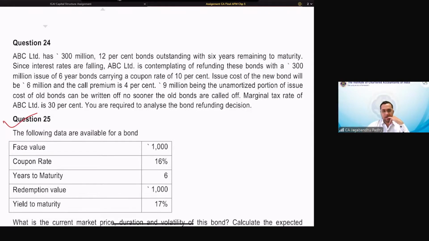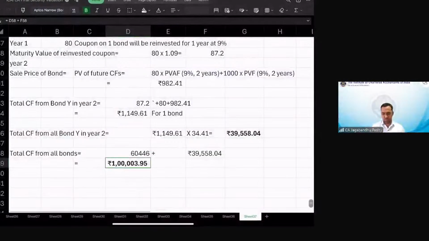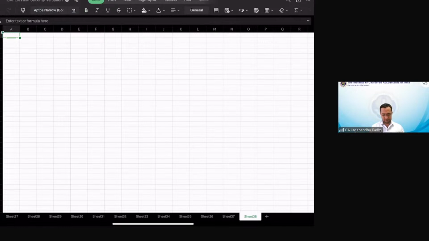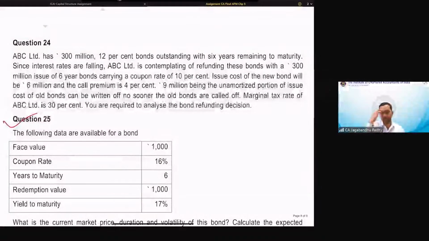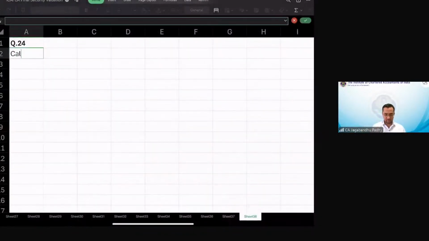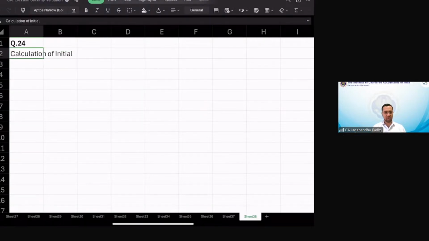Okay. Now, let's first talk of what will be the initial outlay. So we'll say calculation of initial outlay.